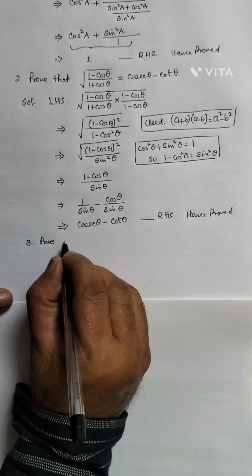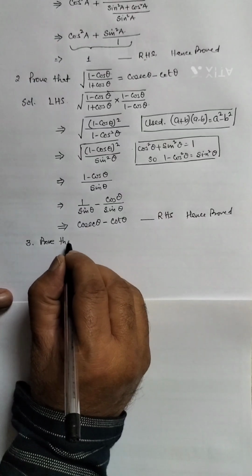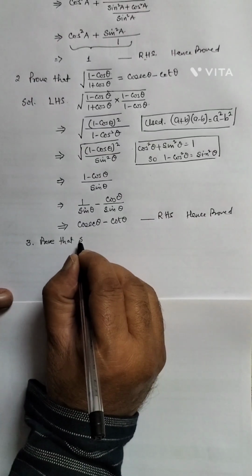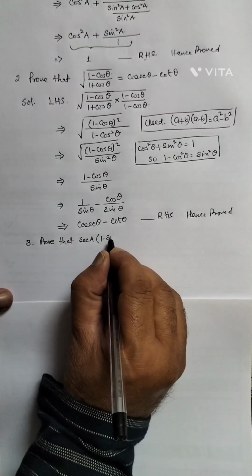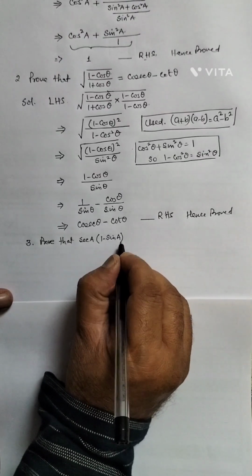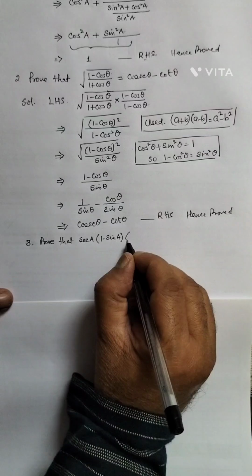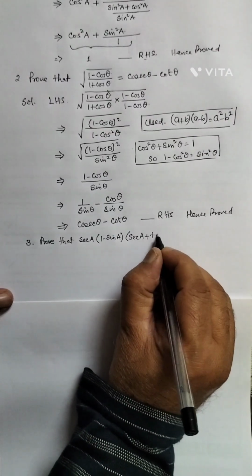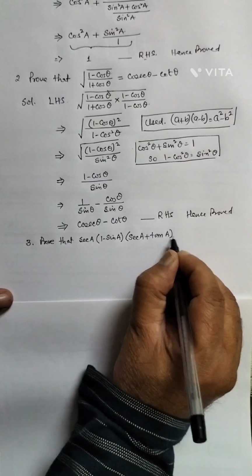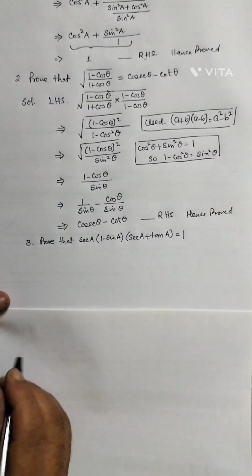Prove that sec A times 1 minus sin A bracket sec A plus tan A is equal to 1.